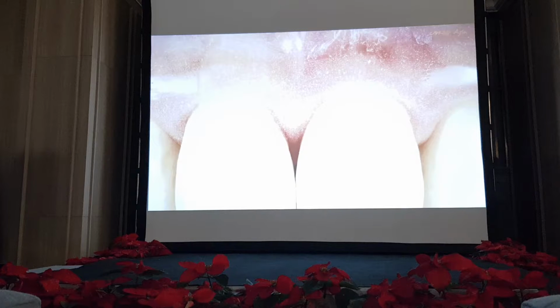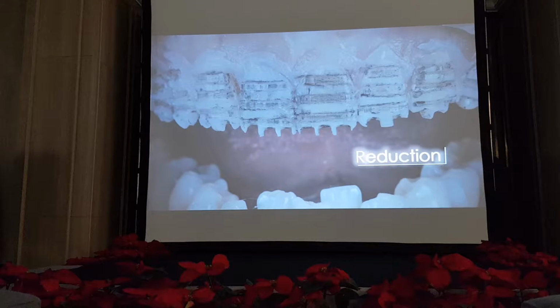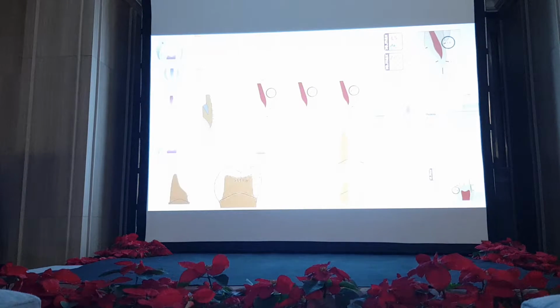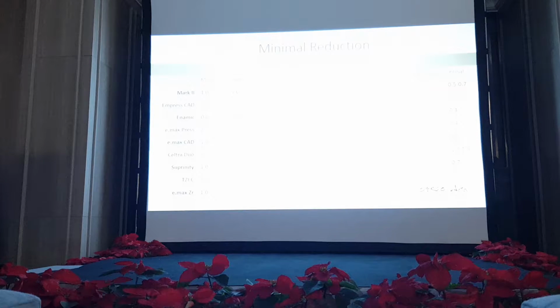Okay, so the second step, we do the preps. In digital dentistry, preparation is more critical. And we are talking about the reduction first. And here are the preparation guidelines from the manufacturers. Okay, so we can take a picture of this.